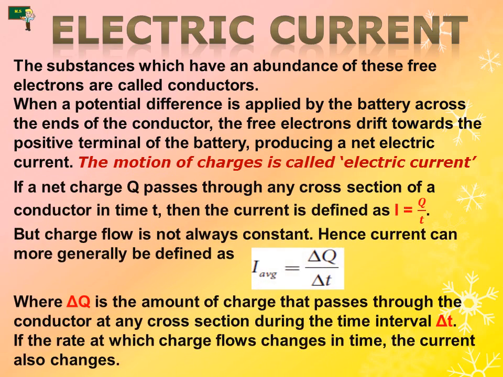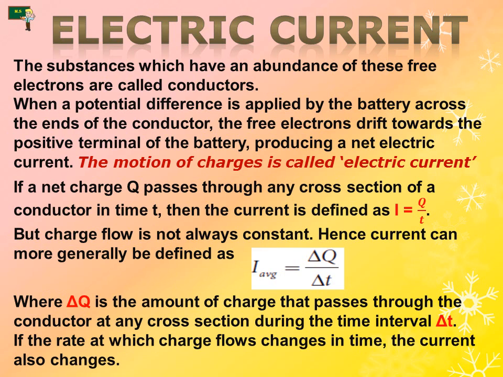Now, if a net charge Q passes through any cross section of a conductor in time t, then the current is defined as I equals charge divided by time, that means Q by t. But the charge flow is not always constant.